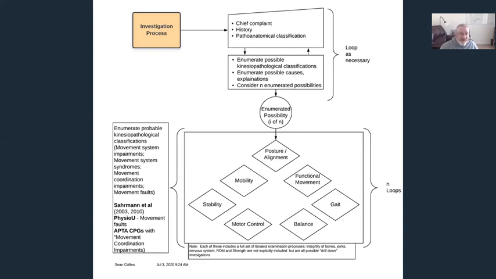And the APTA clinical practice guidelines, some of them start right off the bat with movement coordination impairments. So anytime you're starting with a movement coordination impairment, or in Physio-U, movement faults, I think Sahrmann talks about these as the movement system syndromes, movement impairments. She kind of goes back and forth a few different times on those.